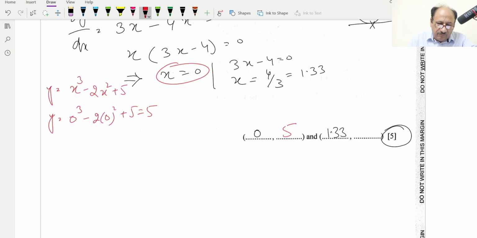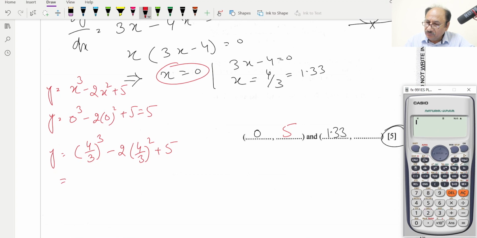And for the second value, instead of 1.33 I will be replacing with 4 by 3, so that I don't lose the digits. So y is equal to 4 by 3 cubed minus 2 into 4 by 3 squared plus 5. Now the calculator will be giving us the values.